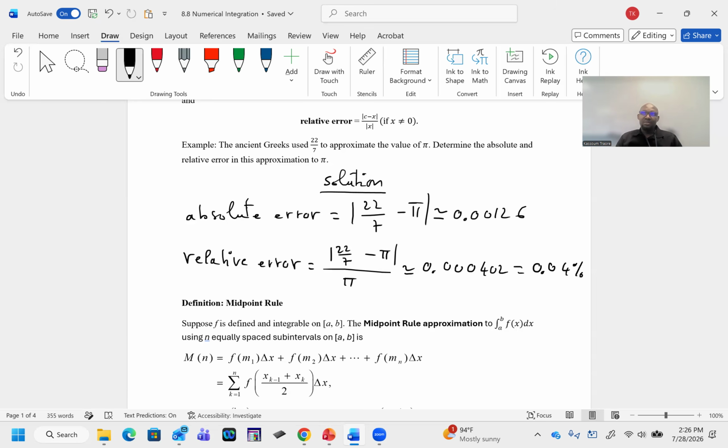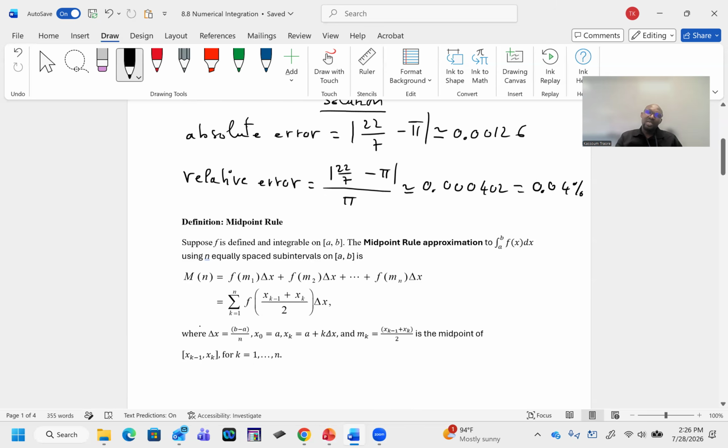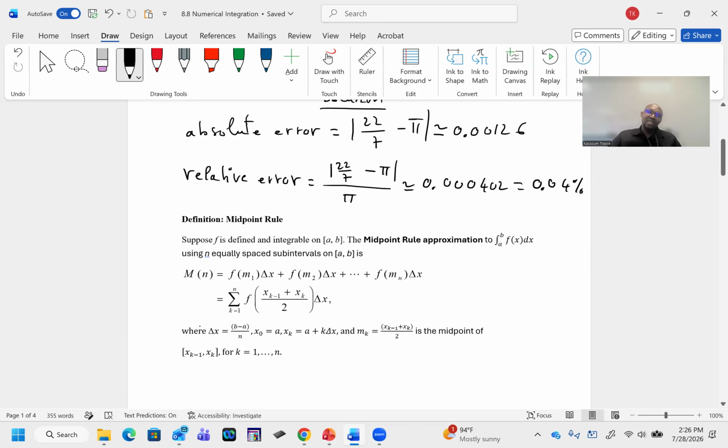In a typical problem, to find the area you would divide it into equal small rectangles with the same width and then add them, which gives you your sum. Now the definition: suppose f is defined and integrable on the closed interval a to b.